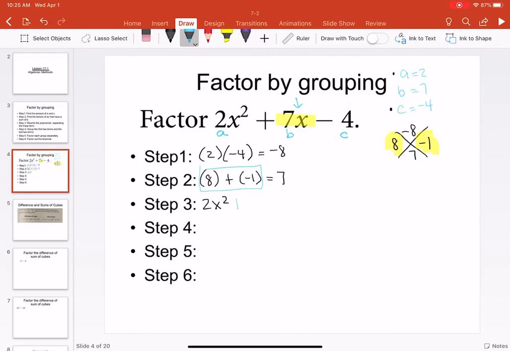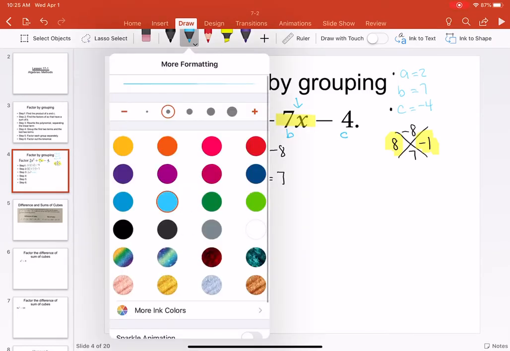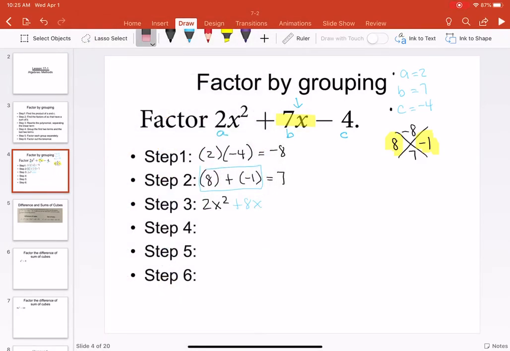So this is going to be positive 8x minus 1x. Then I rewrite the rest of it, minus 4.